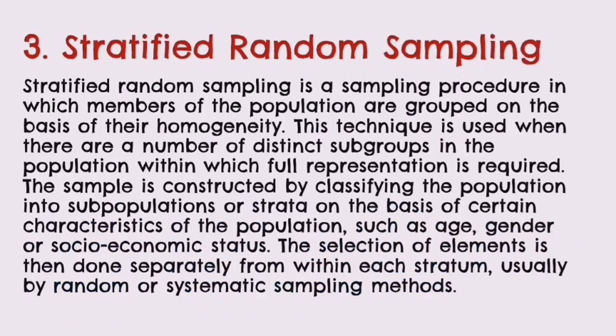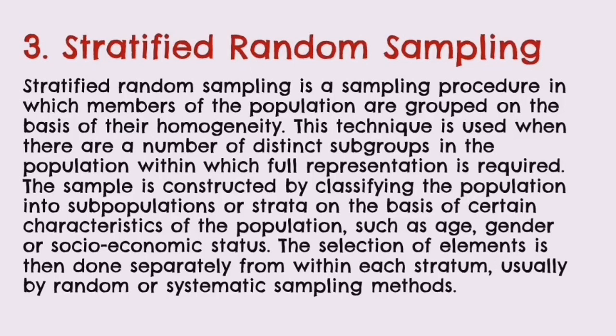Number 3, stratified random sampling. Stratified random sampling is a sampling procedure in which members of the population are grouped on the basis of their homogeneity. This technique is used when there are a number of distinct subgroups in the population within which full representation is required.